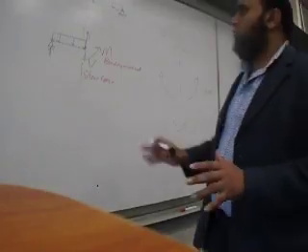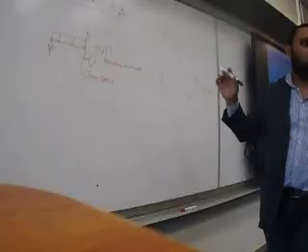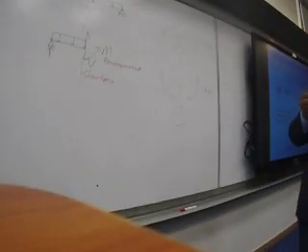These are the two things that are keeping this beam stable, or else it will fall off. If I remove these two, this thing will fall. As simple as that. If there is nothing to hold it here, look at my hand, it's falling.